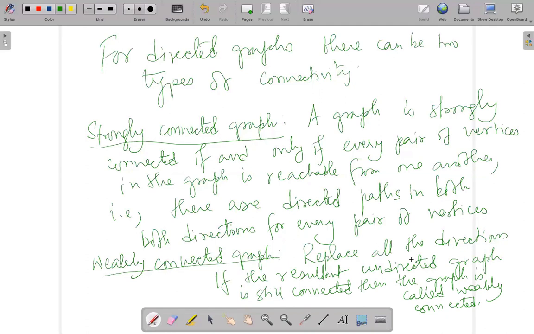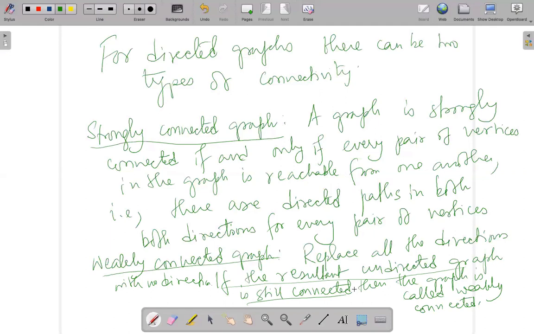So basically replace all the directions with no directions. So if the resultant undirected graph is still connected, then the graph is called weakly connected. Sorry, there is a path between every pair of nodes.